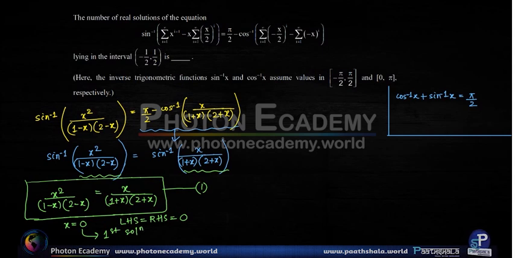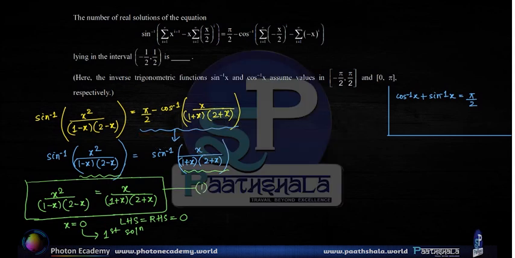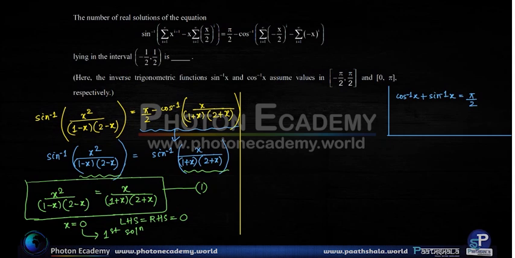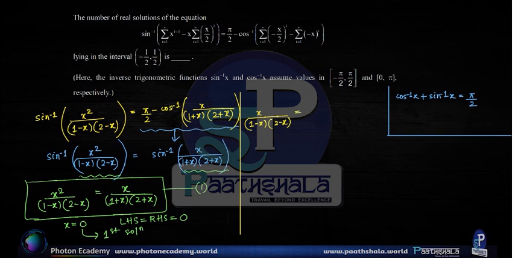Then we need to solve the cubic equation that we'll get from cancelling x on both sides in the numerator. That is x divided by 1 minus x into 2 minus x is equal to 1 divided by 1 plus x into 2 plus x.